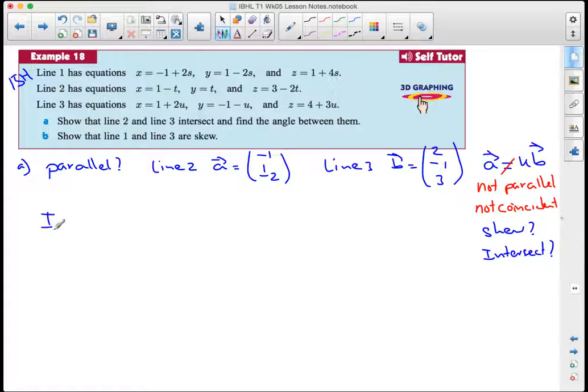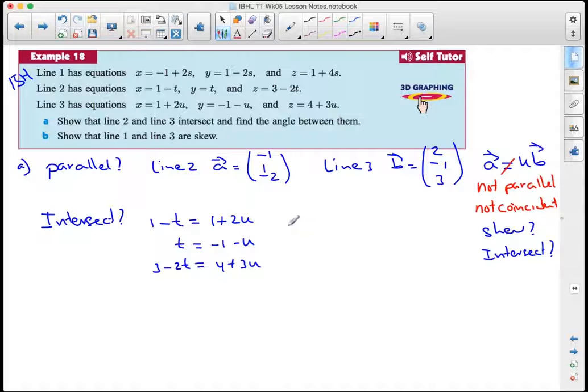We can find whether they intersect quite easily by setting up the equations. The x component, 1 take t, needs to be the same as 1 plus 2u. The y component, t, needs to be -1 take u, and 3 take 2t is 4 plus 3u.